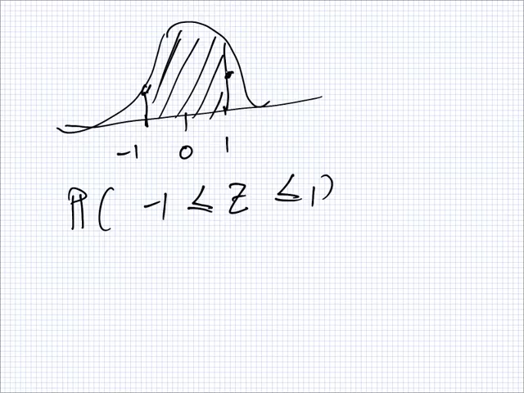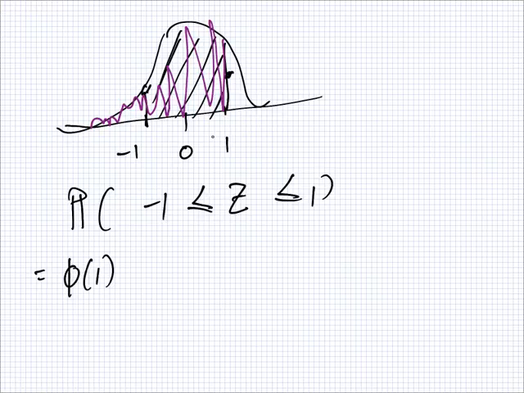The way I'm thinking about it is that if I look up the value of 1, that will give me all the area to the left here. So I'll look up 1. But that would be too big, right? Because I don't want to include this green area.